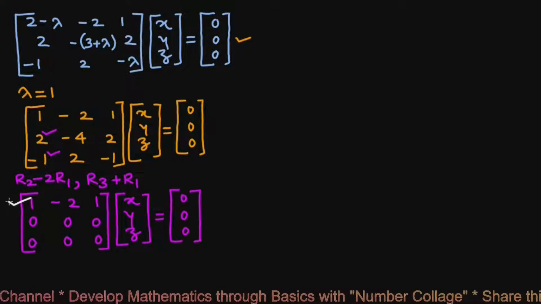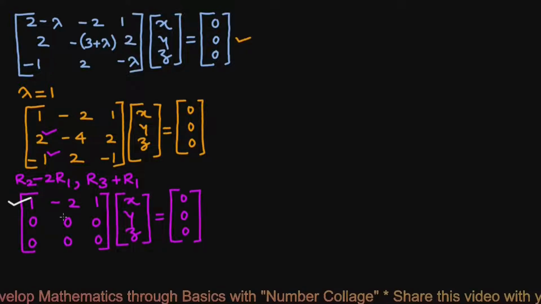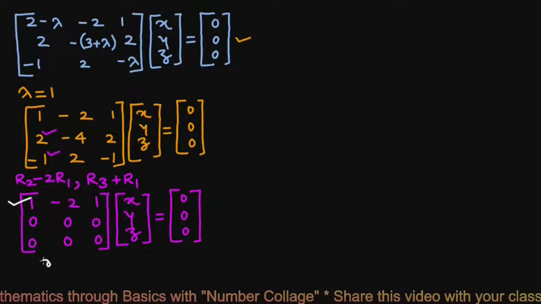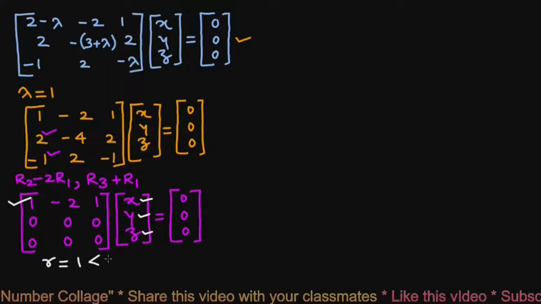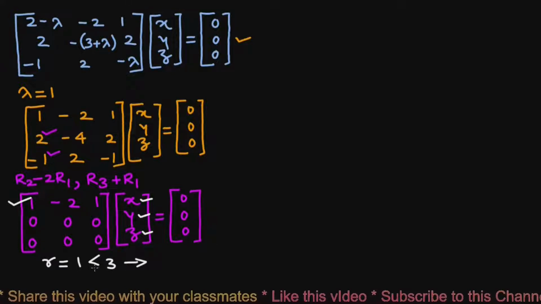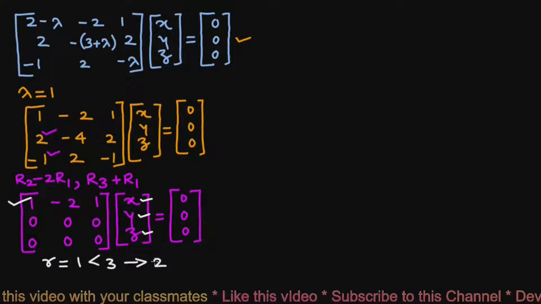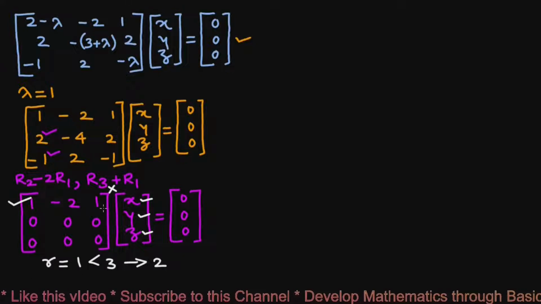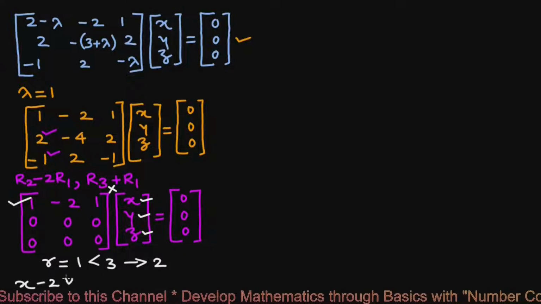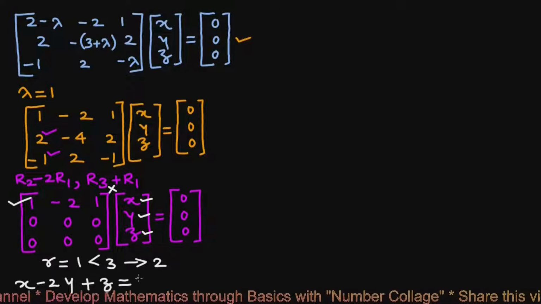There is one non-zero row in this row echelon form, therefore its rank is 1, which is less than the number of unknowns 3. Therefore, there will be 3 minus 1, that is 2 independent solutions. By matrix multiplication, we get the equation as x minus 2y plus z equals 0.